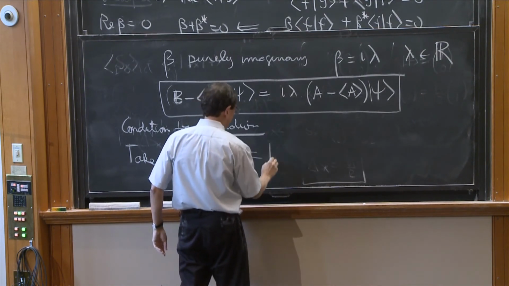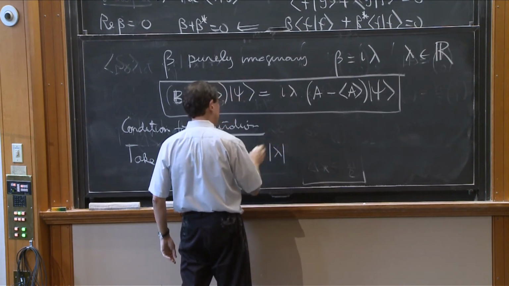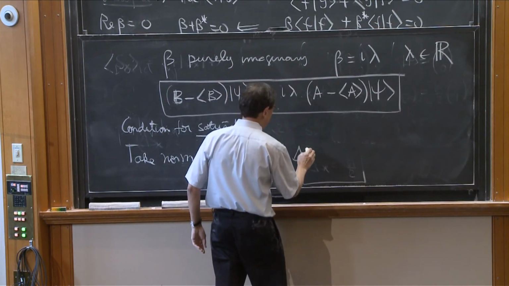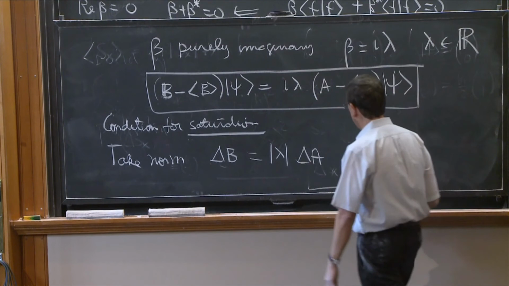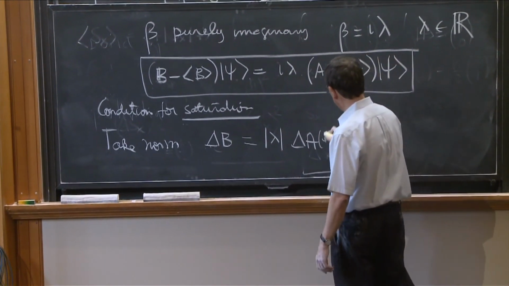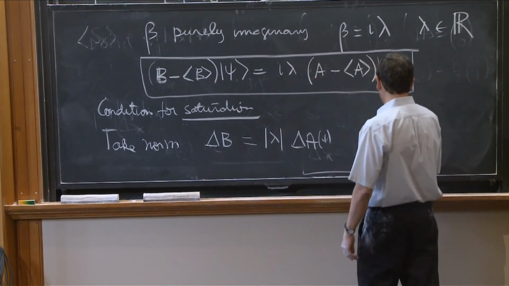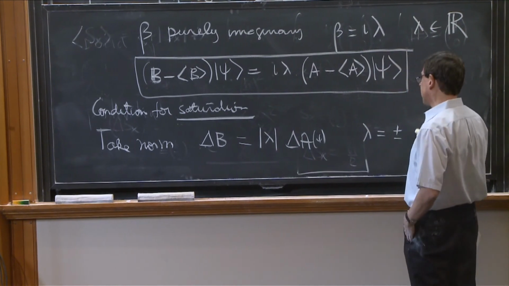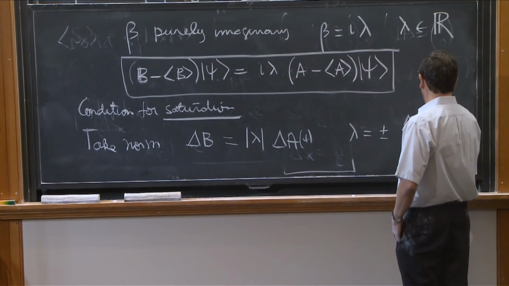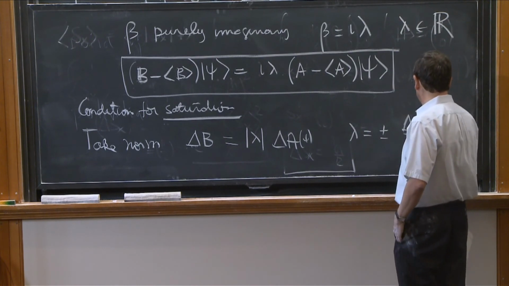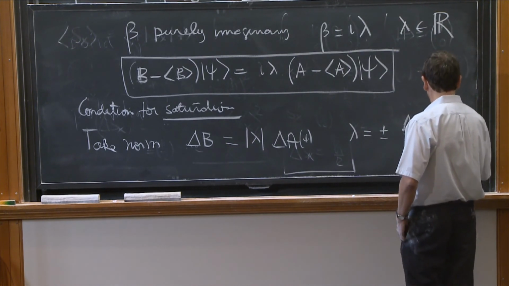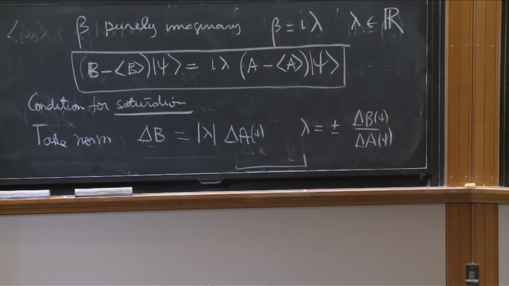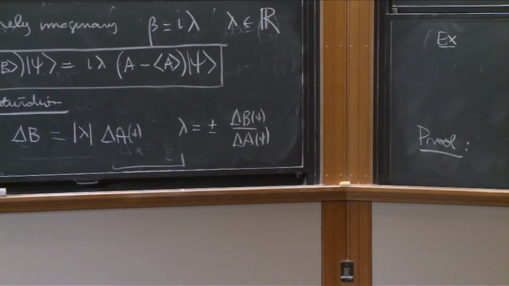The norm of lambda is the absolute value of lambda, because lambda was real. And you have delta A here, of psi, of course. So lambda can be either plus or minus delta B of psi over delta A of psi. So that's not an arbitrary constant. It's fixed by the equation already in terms of things that you know.